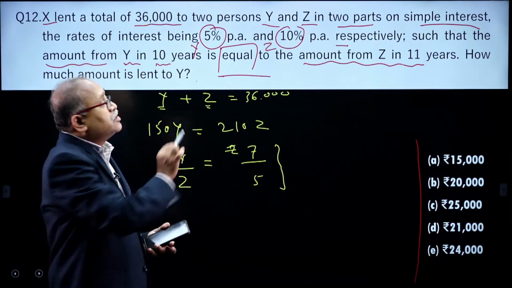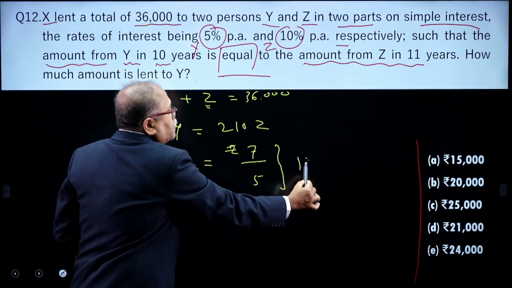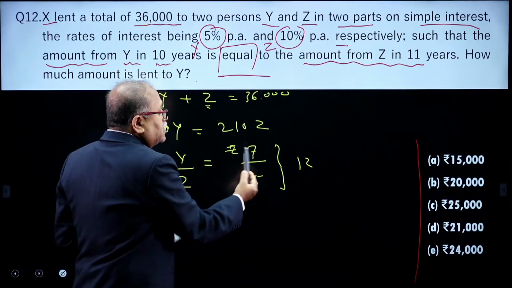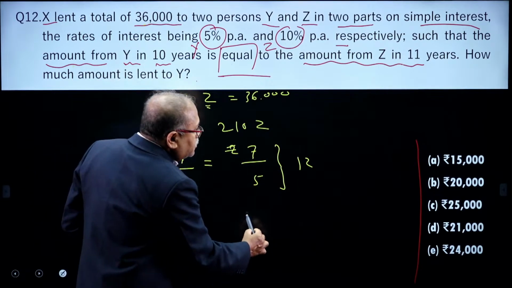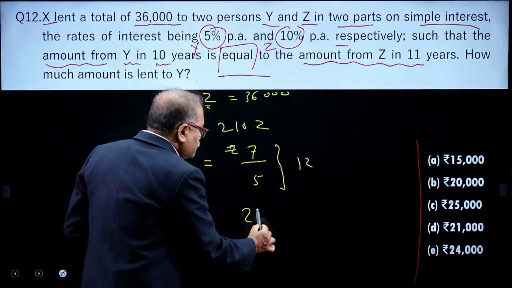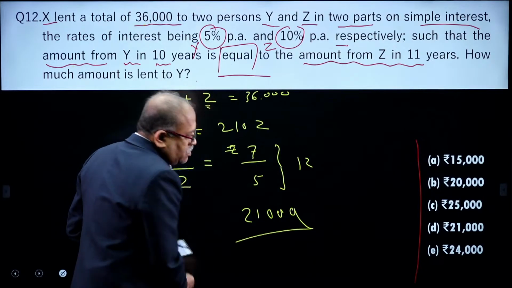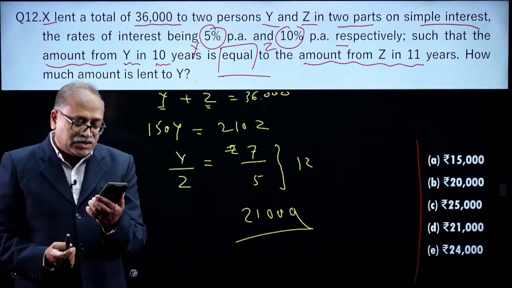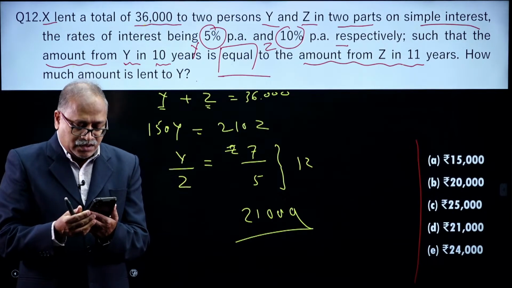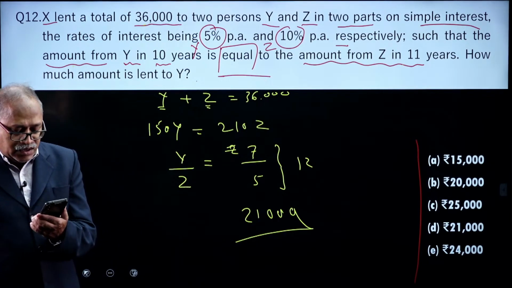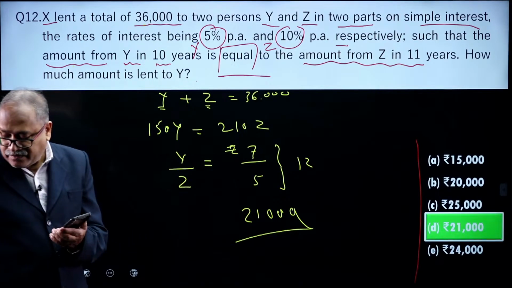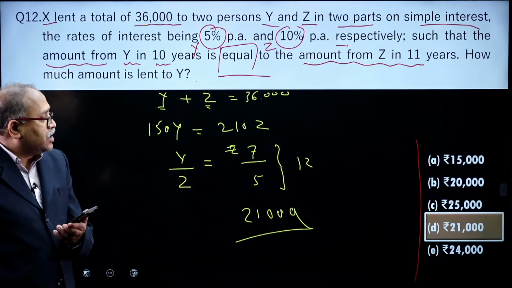What is 1 part? 36,000 divided by 12, that comes 3,000. For 1 part 3,000, then 7 parts, 7 times 3, will that be 21,000? Yes, my dear friends, 21,000. Yes, 7 times 3 is 21,000. Okay, that's correct. Option D. So, correctly answered the question.